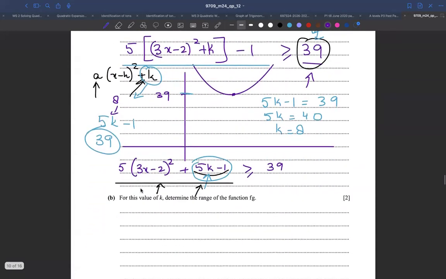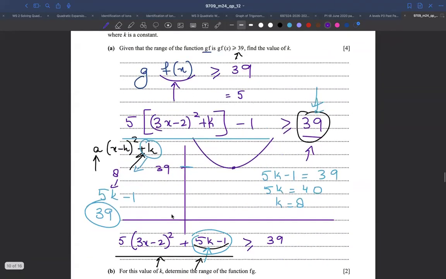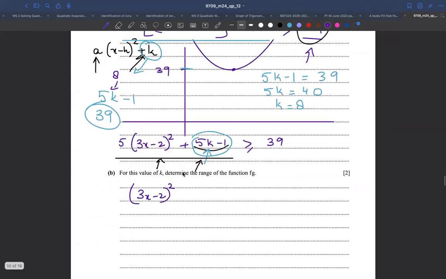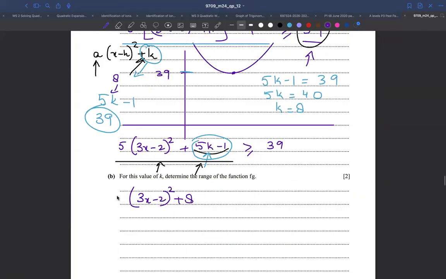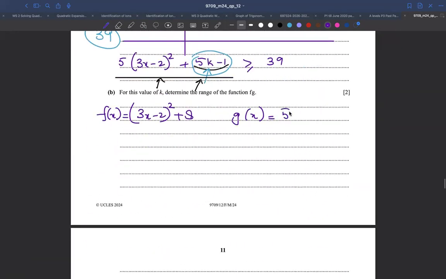Look, so this is (3x minus 2) whole squared plus k, and k is 8 from the previous part. And g of x is 5x minus 1. Now in place of x, when it's saying fg, what will I put? 5x minus 1.